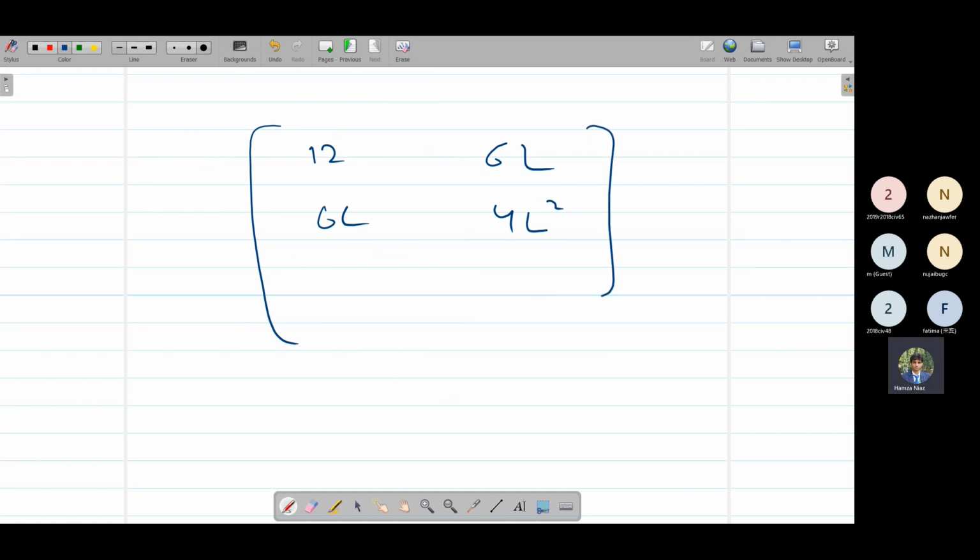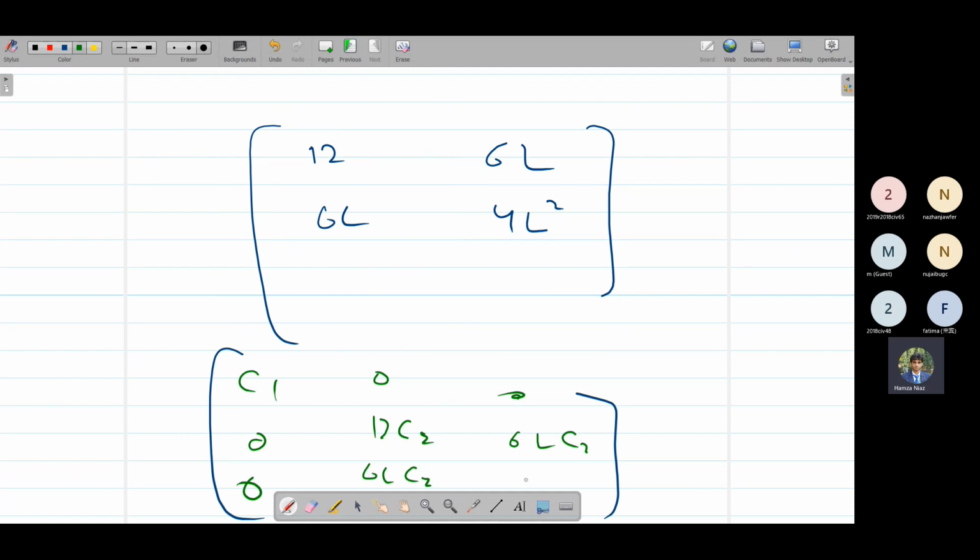For 3 degrees of freedom, here it is C1, 0, 0, 0, 0, and this is 12 C2, 6L C2, 6L C2, and 4L squared C2. C1 is AE over L, the axial stiffness of the member, and C2 is EI over L cubed.